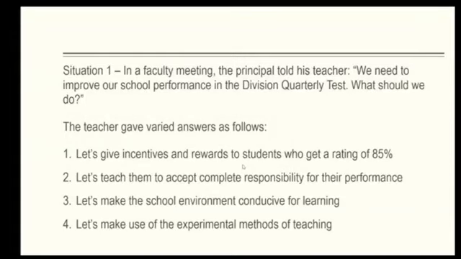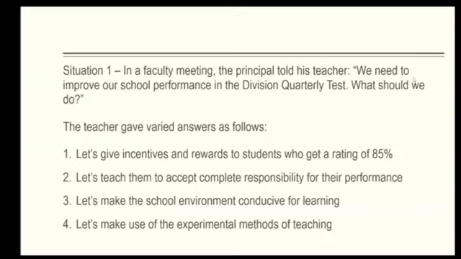Okay, so for numbers 24, 25 and 26, we have here a situation, no? In a faculty meeting, the principal told his teachers, we need to improve our school performance in the division quarterly test. What should we do? The teachers gave varied answers as follows.